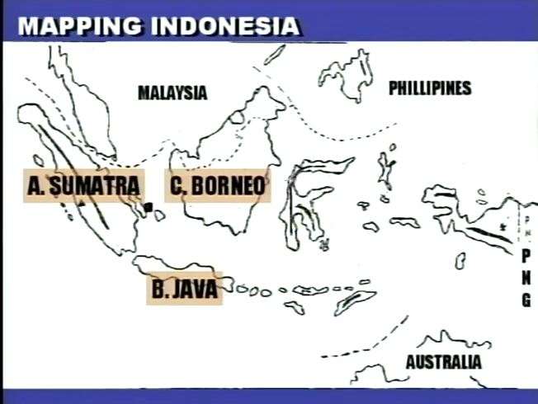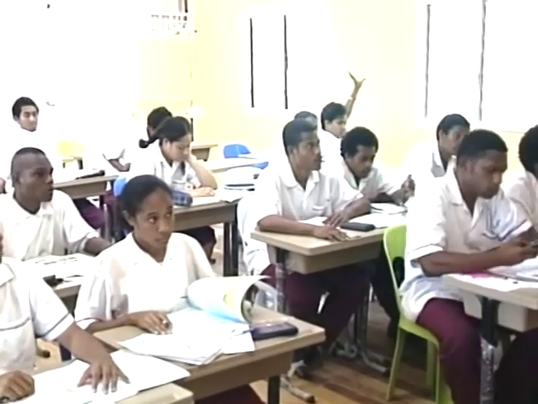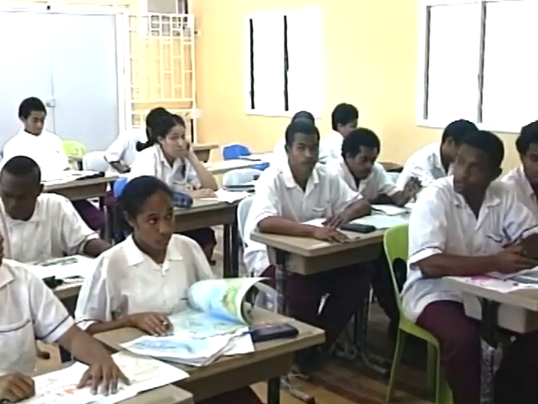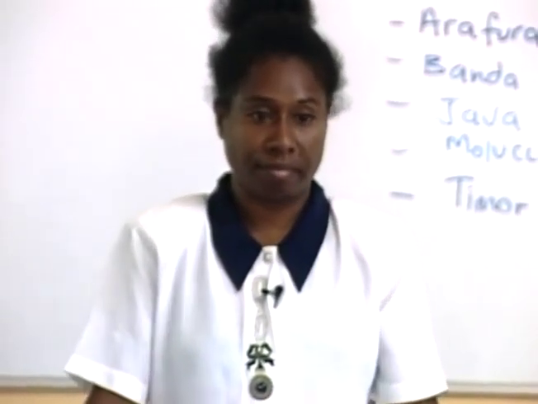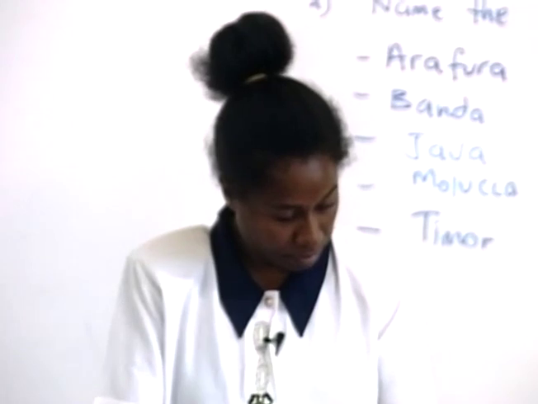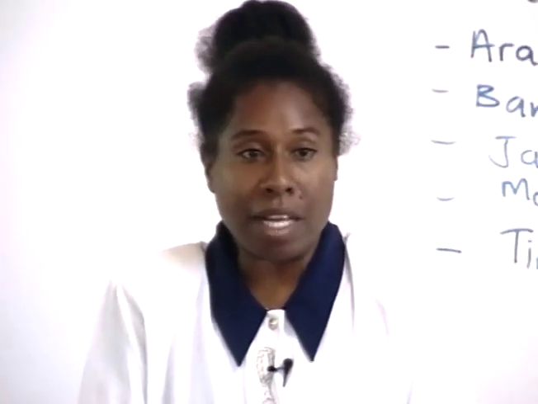Hands right up. Okay, the rest of you. Kathy, what did you have for Island C? Borneo. Borneo, and the rest of you, did you also have Borneo, for those who did not put their hand up for Kalimantan?